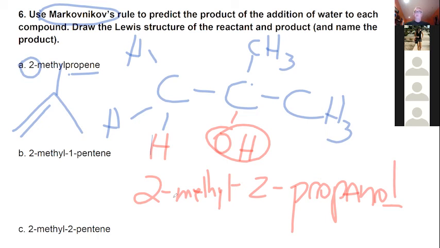And the product would just be 1, 2, 3. There's our methyl, and then the hydroxyl there. So you see that it's much easier to draw the stick figures, or at least it's a lot faster.